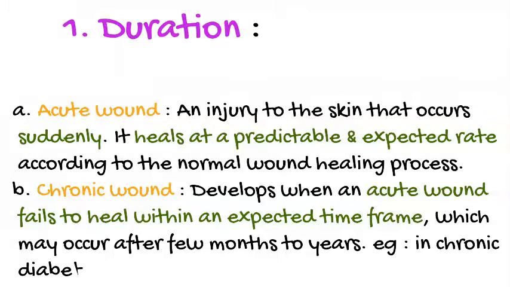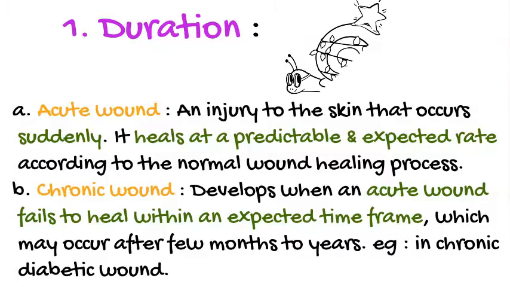B. In a chronic wound, it develops when an acute wound fails to heal within an expected time frame, which may occur after a few months to years. Example, a chronic diabetic wound ulcer.